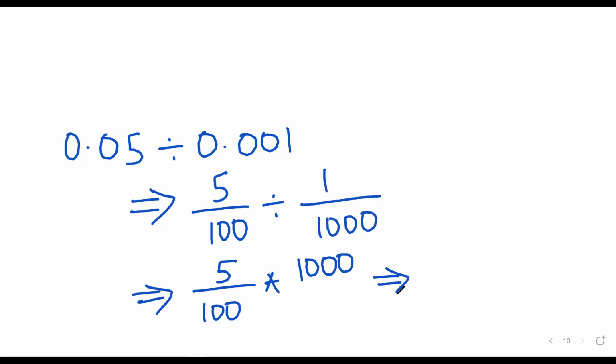What should I do next? You cancel 100 and 1000 and write 10. Which will be equal to 50. Aishwarya ji, any doubt? No. Decimal division is confusing.